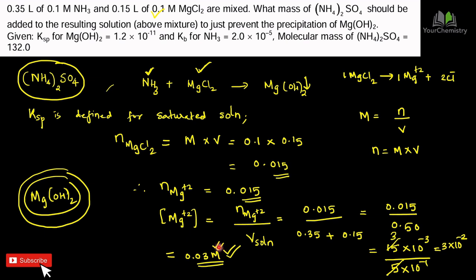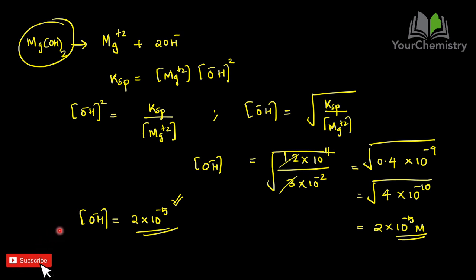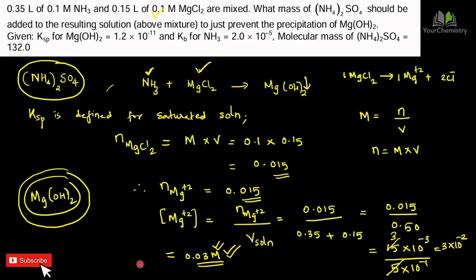Using that, we identified the amount of OH minus needed to keep a saturated solution of magnesium hydroxide. That means when OH minus concentration is 2 into 10 to the power minus 5 and magnesium plus 2 concentration is 0.03, magnesium hydroxide remains saturated. It is not going to get precipitated. That is the KIP equal to KSP situation.